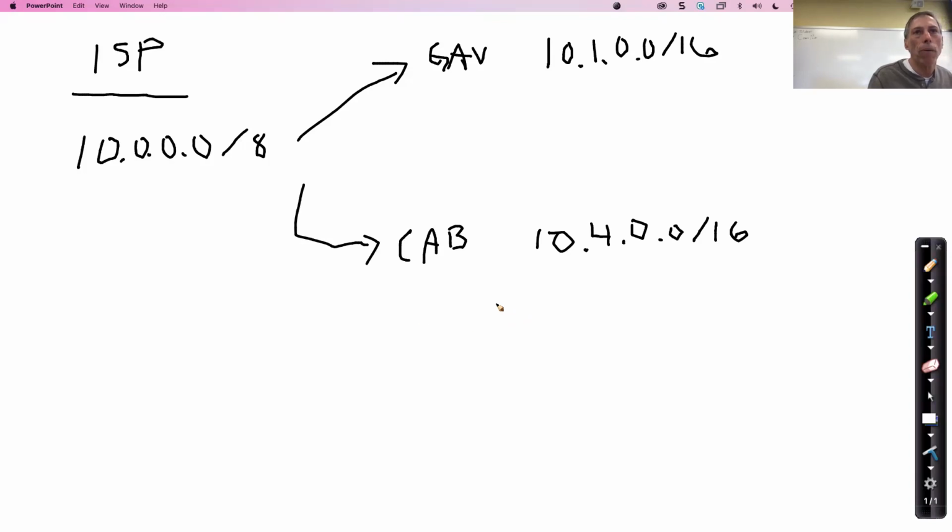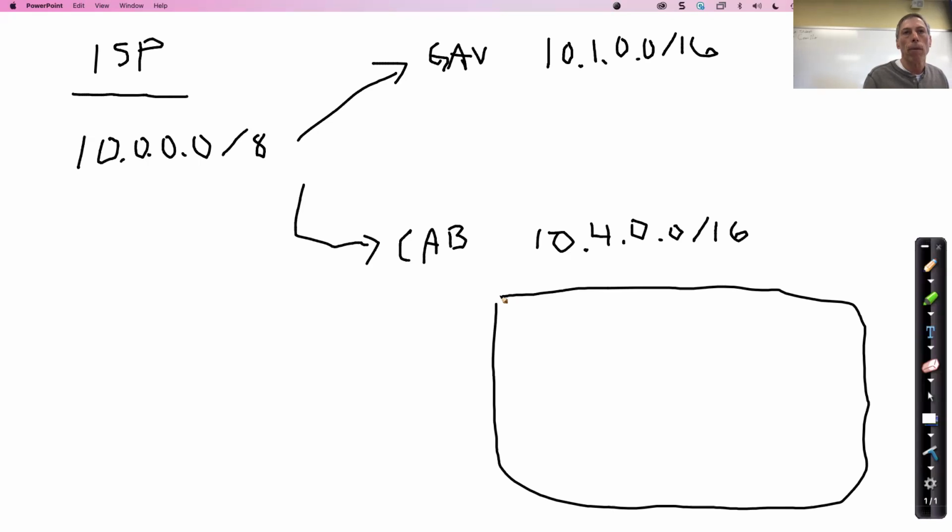We have our network here. We have a router. We're talking more about routing coming up. Okay. We connect to our ISP, this ISP here.